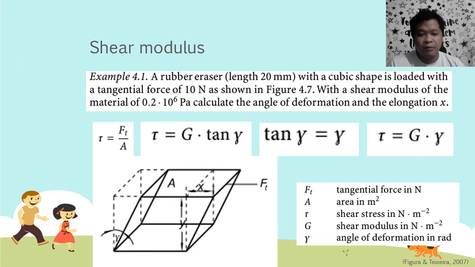In this example, we are given a cubic rubber eraser loaded with 10 newtons of tangential force, and with the shear modulus as stated, we are to find the angle of deformation and the resulting elongation.